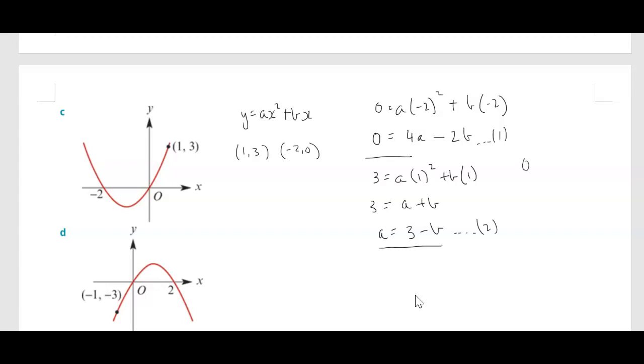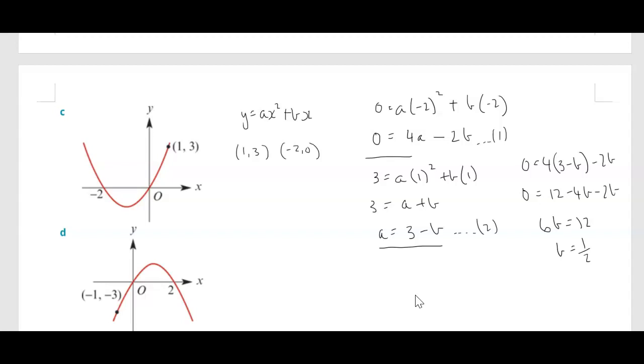So I'm going to have 0 equals 4 times (3 minus b) minus 2b, and then I just solve that. So I'm going to have 4b, so 6b, so b equals a half.